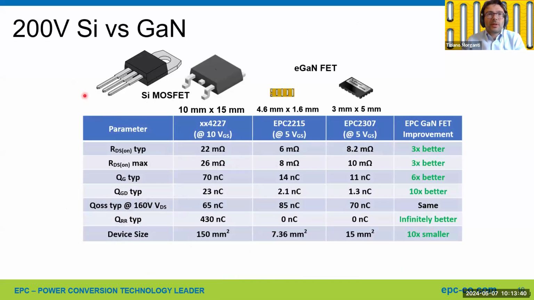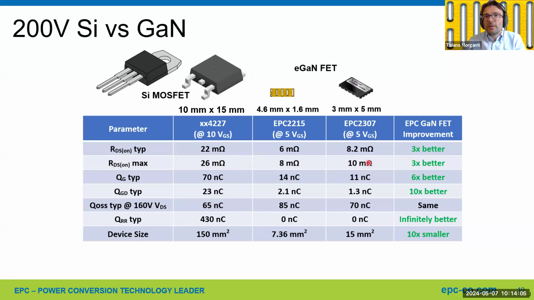As an example, we are comparing a very widely used silicon MOSFET, a 200 volt, 22 milliohm typical, with some of our devices, EPC2215 and EPC2307 in QFN package. You can see the improvement over silicon is huge.